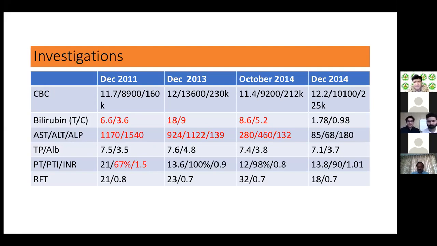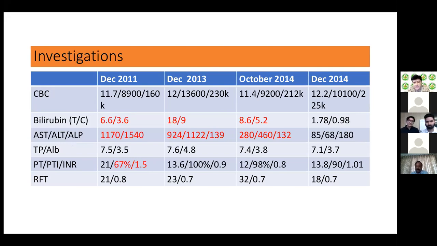Even 11, 13, it is not pointing towards any etiology. It could be all virus. Yes. And another thing, globulin is not very high. So at this stage, we can at best say that the patient is having hepatitis.